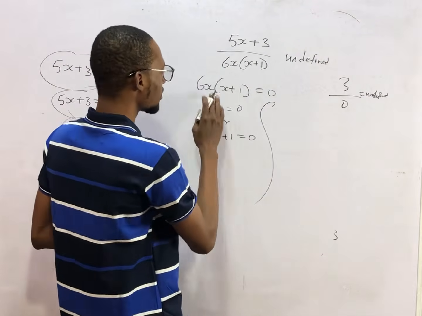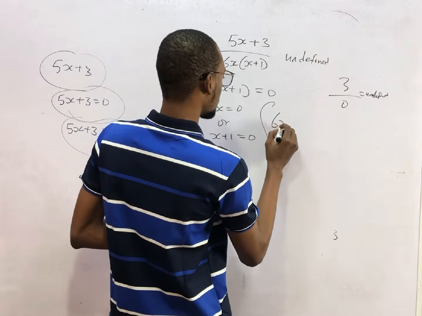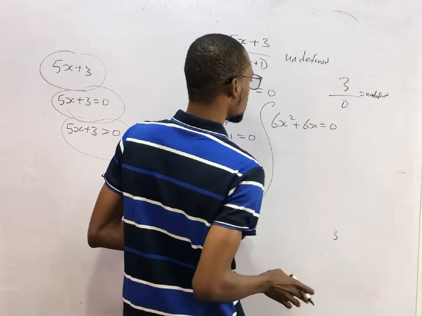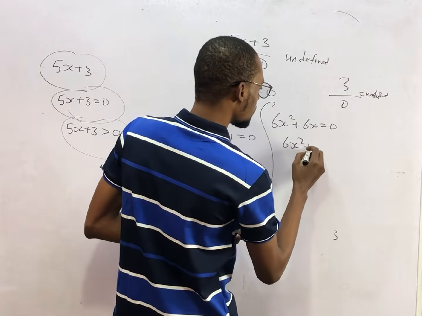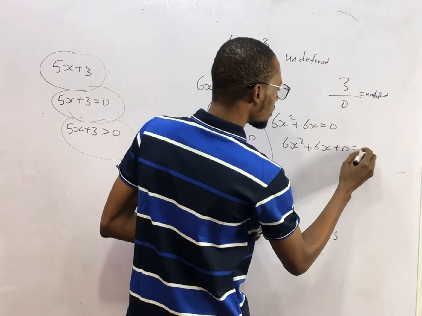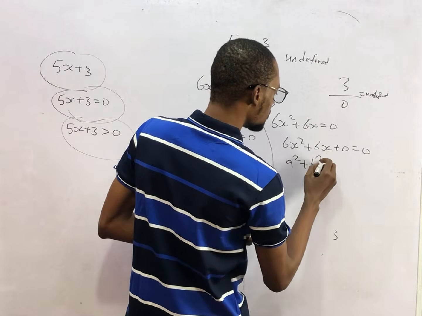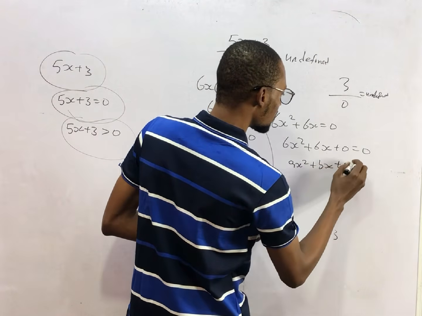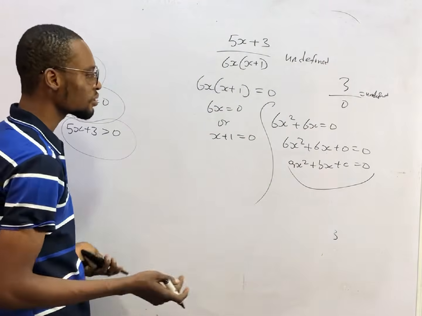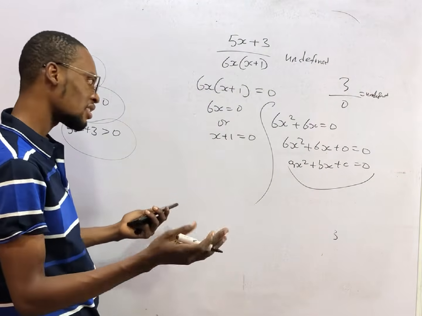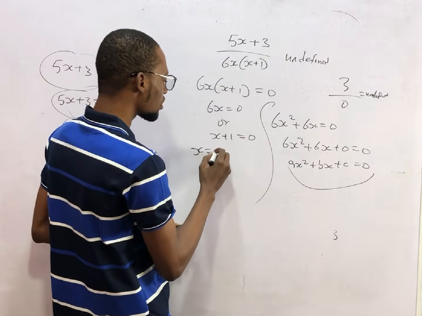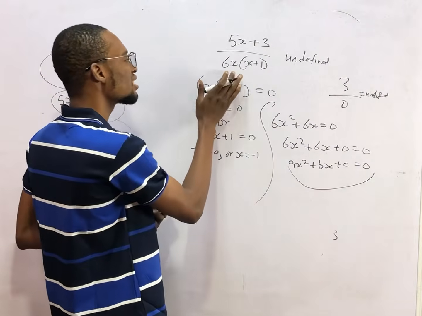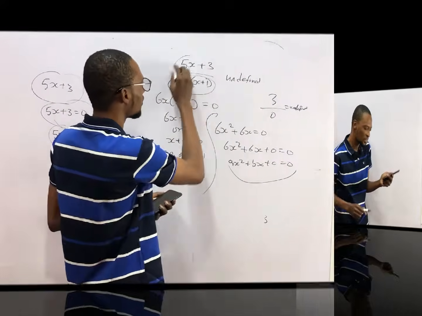Or you say 6x times x, 6x squared plus 6x is equal to 0, which is of the form ax squared plus bx plus c is equal to 0. So you can solve this quadratic equation to get the values of x. But from here, x is equal to 0 or x is equal to minus 1. So these are the values of x for which this is undefined.